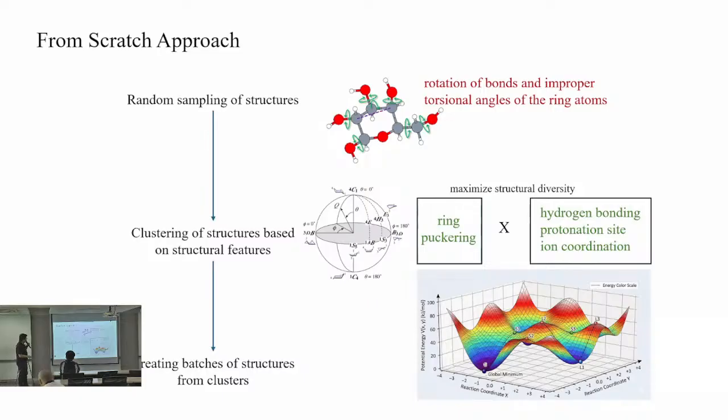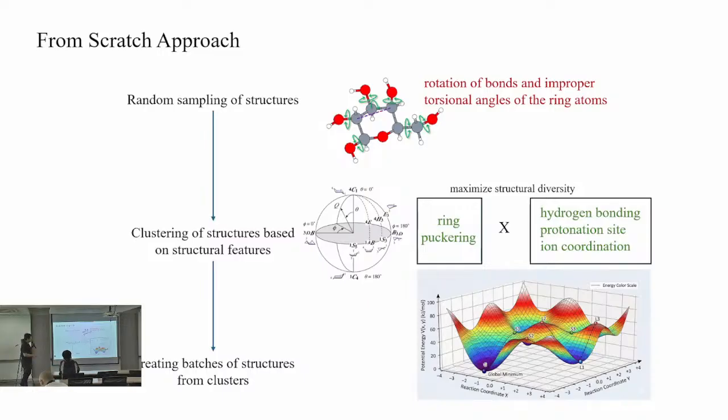Next, we can perform some clustering of the structures. So you generate a lot of these structures, right? And they will have different ring puckering, and if it's a protonated structure, then the protonation can go at different atoms, for example, or even looking into the intramolecular hydrogen bonding. So at least these are the things that we considered.